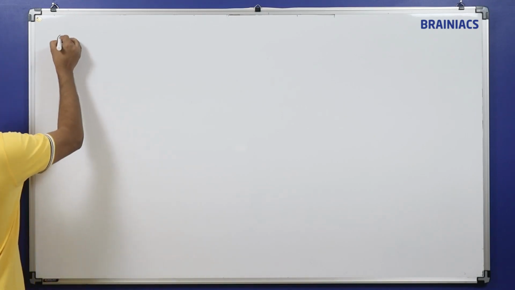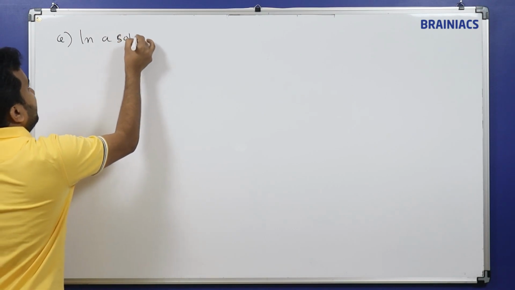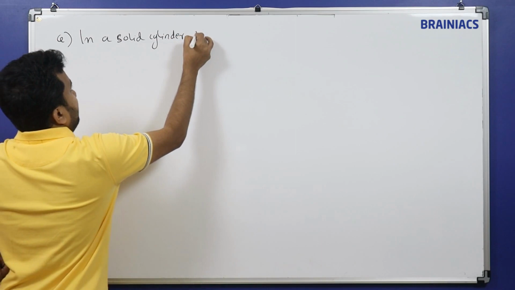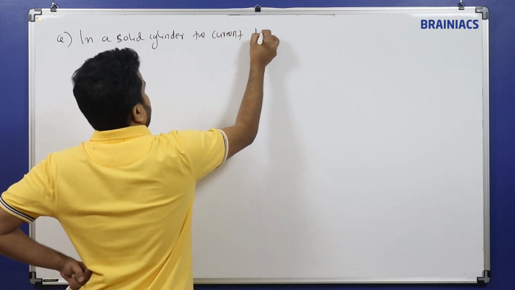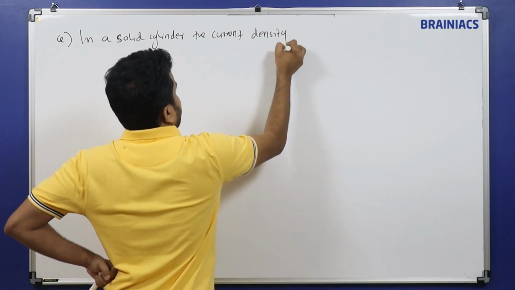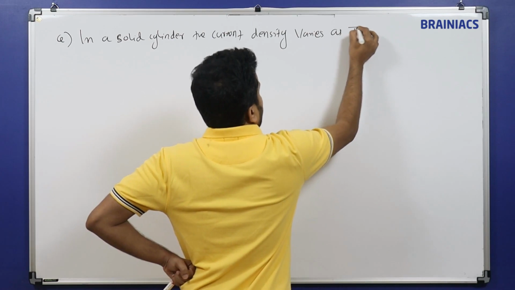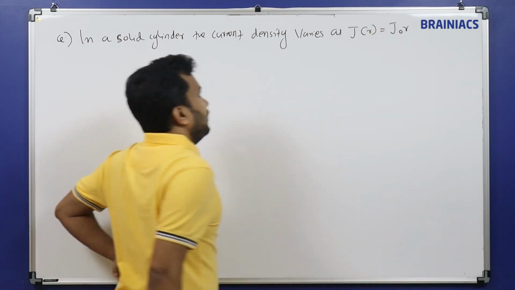You can write: in a solid cylinder, the current density varies as J(r) = J naught times r.